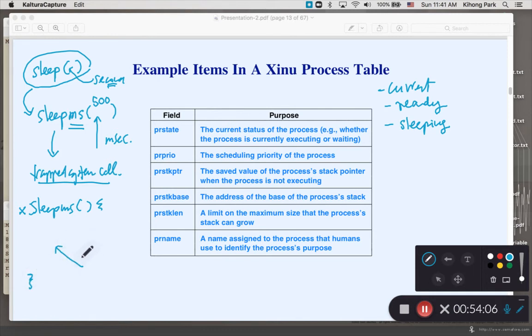Somewhere it would, in the context of lab assignment 2, perform the int instruction with operand 39 to branch, to jump to the system call dispatcher code as part of Xenu. So this itself is a wrapper code, as we said.